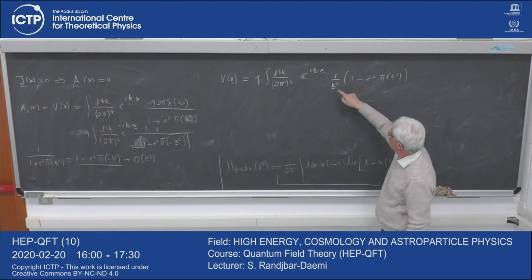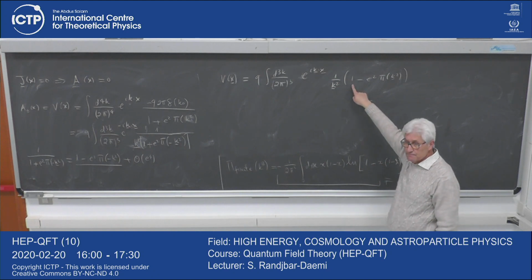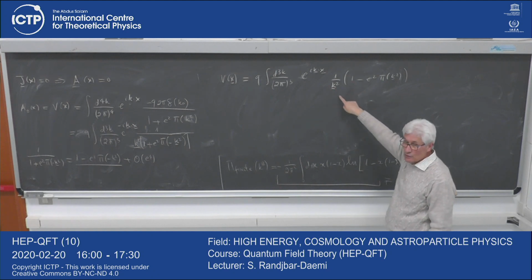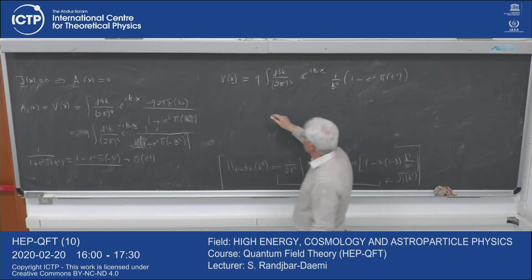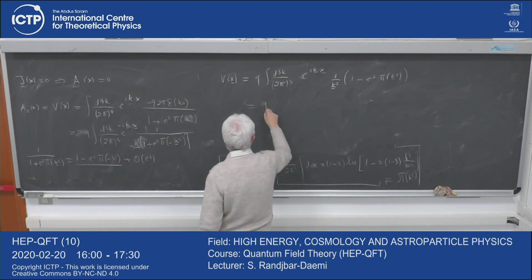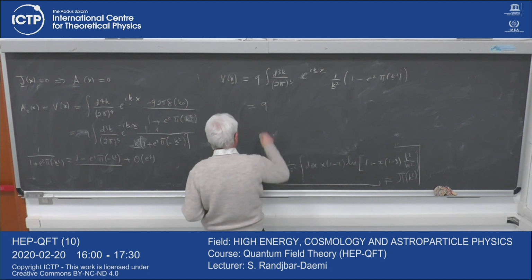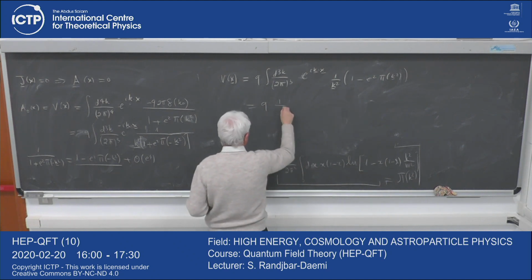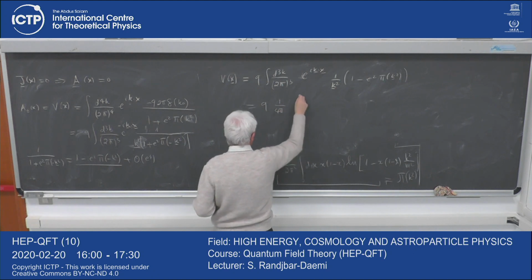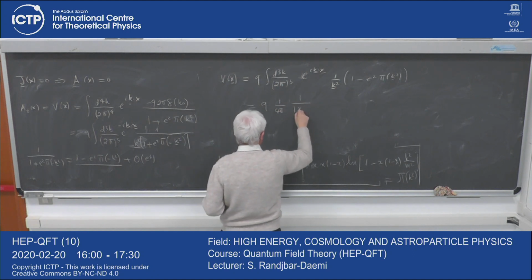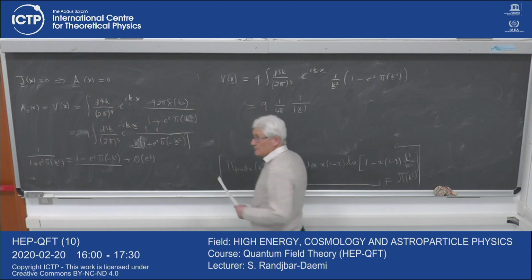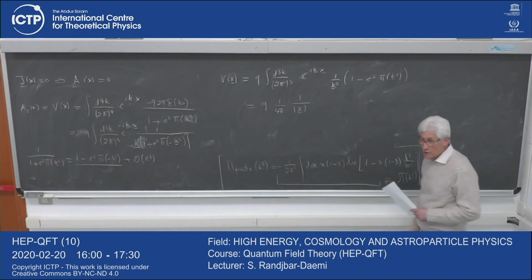Now there is a 1 over k squared times 1, the first thing. So what is the Fourier transform of 1 over k squared? That gives you Q, the Fourier transform of this, is 1 over 4 pi times 1 over mod x, that you recognize as the Coulomb potential.